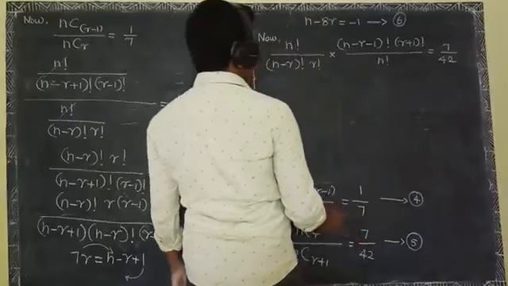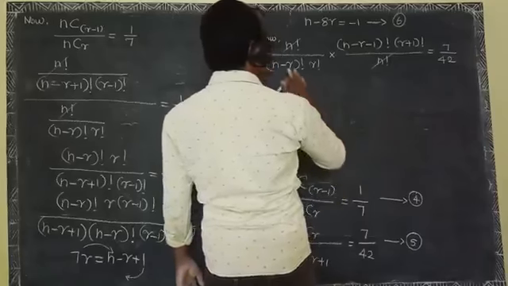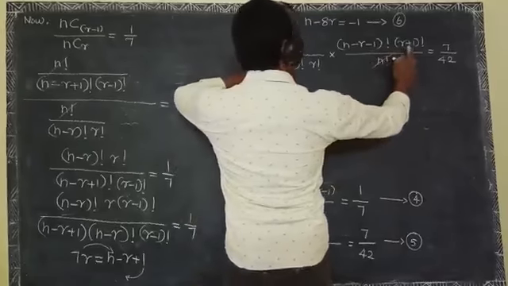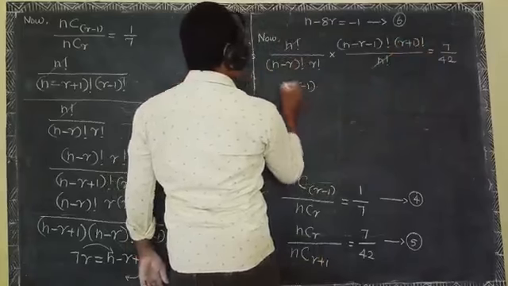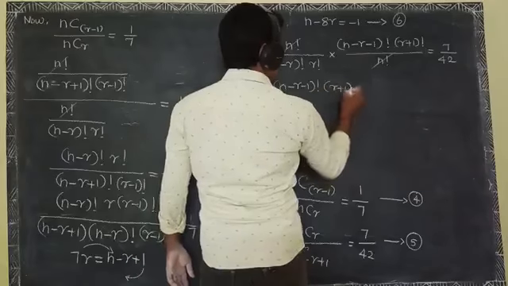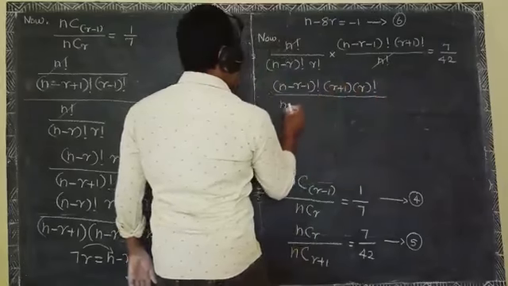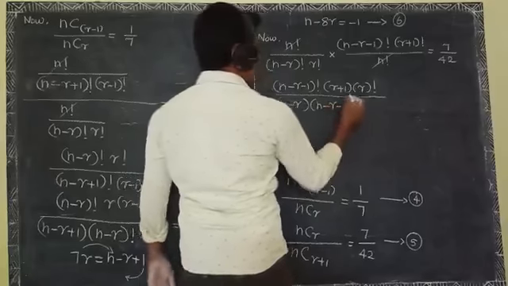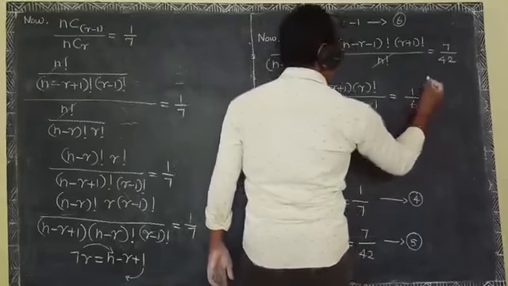Here n factorial cancels, then (n minus r) factorial can be written as (n minus r) into (n minus r minus 1) factorial, and (r plus 1) factorial can be written as (r plus 1) into r factorial, which is equal to 1 divided by 6.